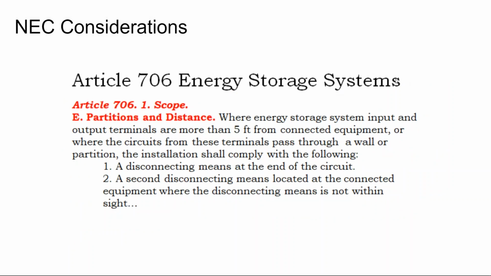So this is additional requirements for higher voltage battery banks, where energy storage systems are more than 5 feet from the connected equipment, or where it could be less than 5 feet, but you're going through a wall. Maybe you have the batteries on one side and the inverter on the other.